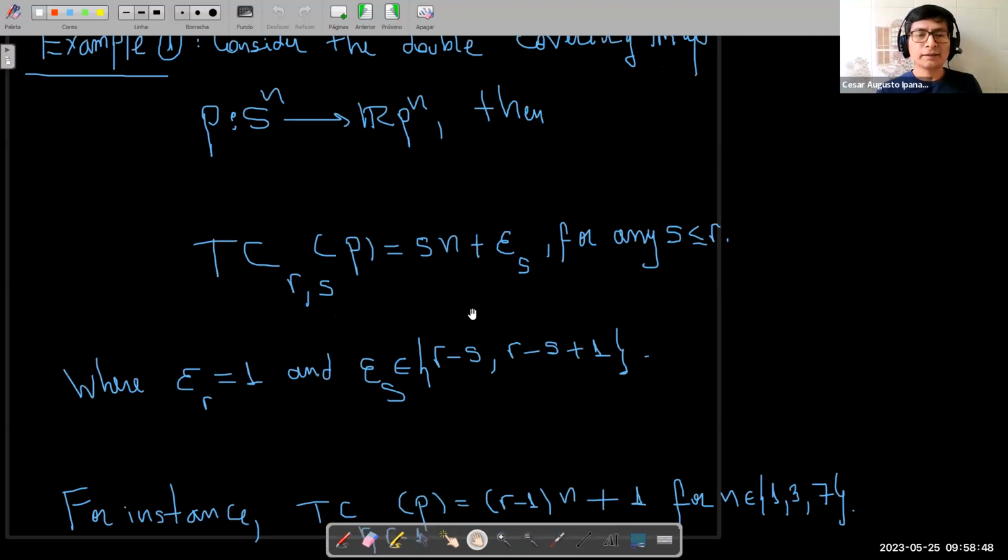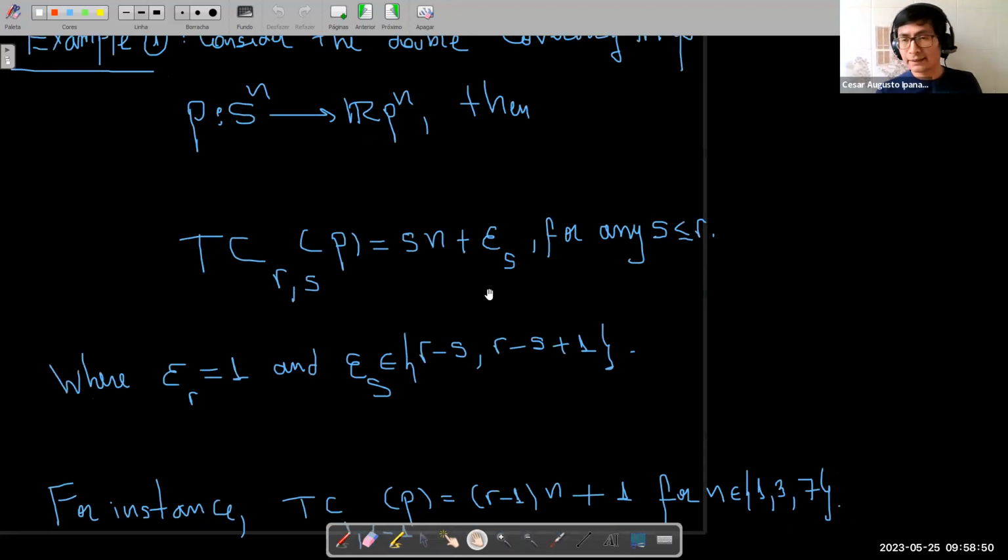This inequality holds. This higher TC is equal to n times n plus this number, which accumulates two possibilities.